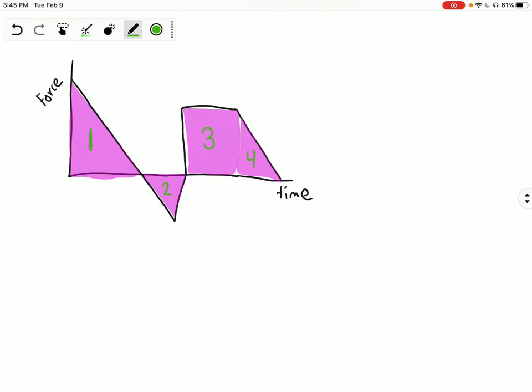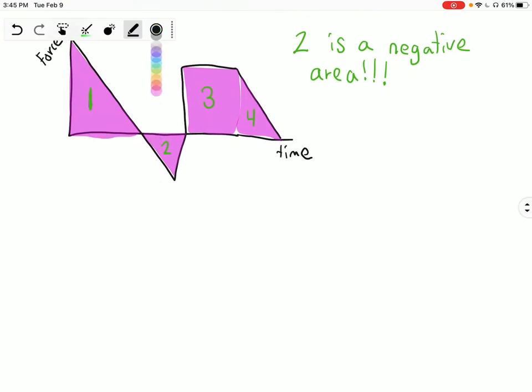But be super careful when you're doing these kinds of calculations, because 2 is a negative area. And negative areas get subtracted. So one of the common mistakes I find in impulse graphs is this.